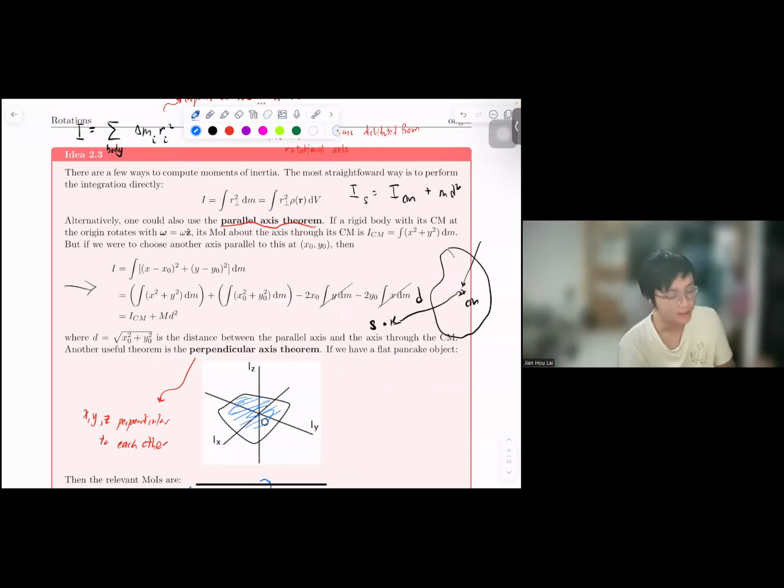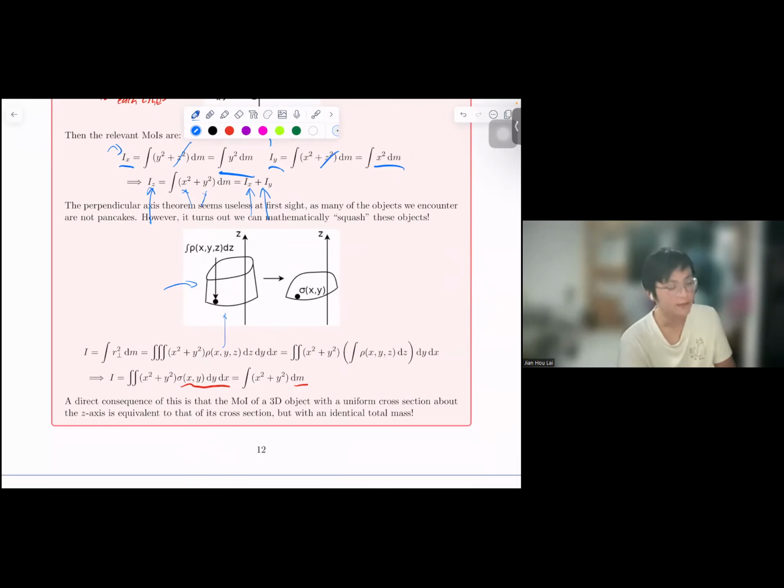Let's say we want to consider things that have the same cross-sectional area: a 3D rigid body. We start with the proper definition of the moment of inertia of the object, because it's a three-dimensional body.